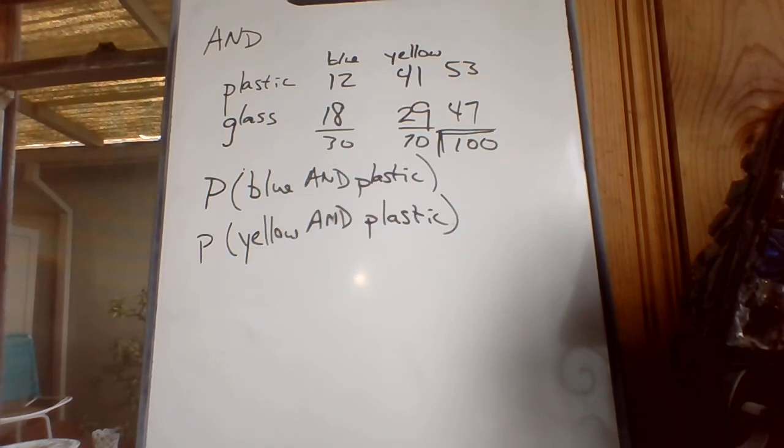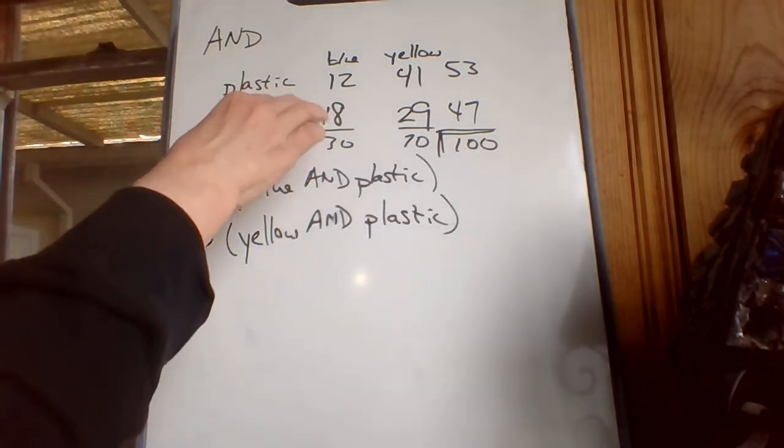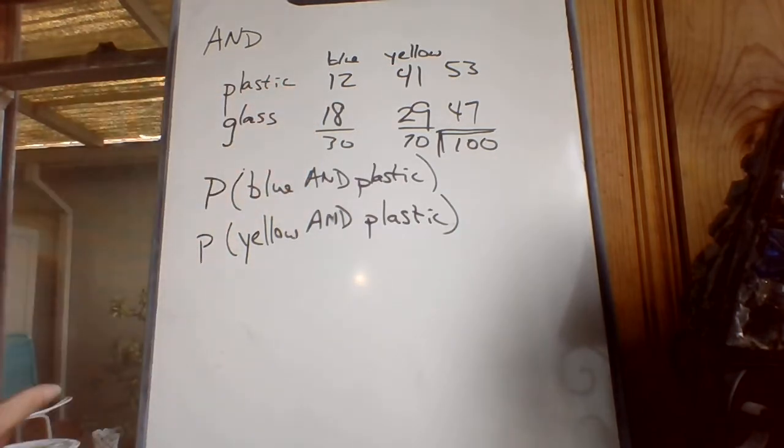Now I would like to figure out the probability of blue and plastic. So I take my bucket and set it in a different room, find a toddler, and say, go into that room and get me one that's blue and plastic. There's no telling what they're going to come back with. They might come back with a blue glass one. Well, they didn't get it right, you said blue and plastic.